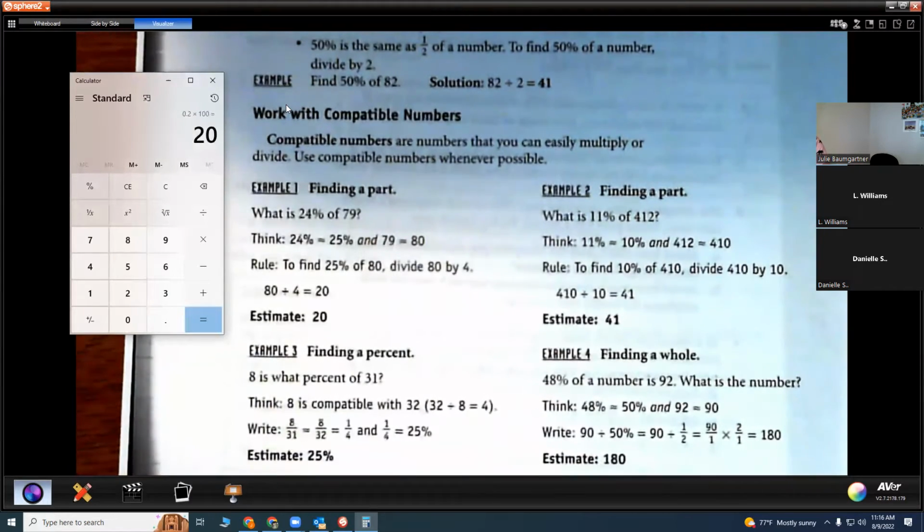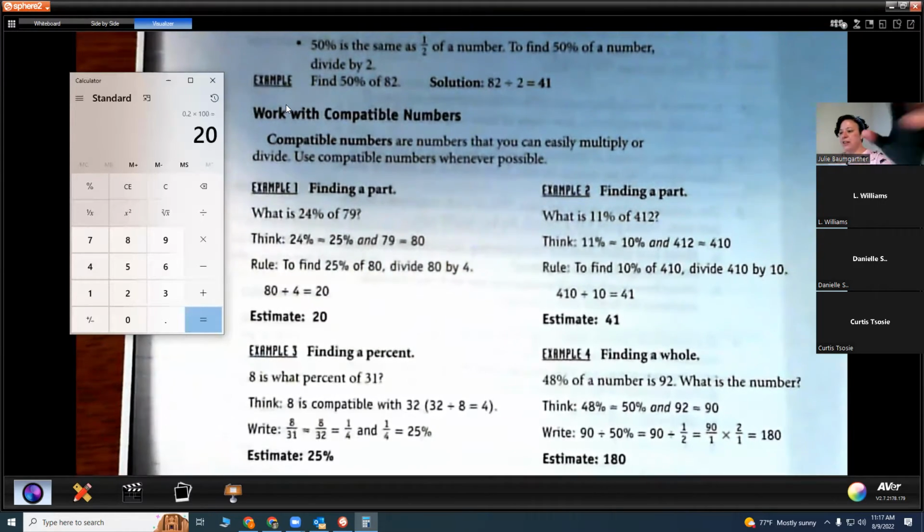Of course, you won't necessarily have test questions that ask you to do these estimation things, but these are really just strategies. So hopefully you feel like you're building this understanding.